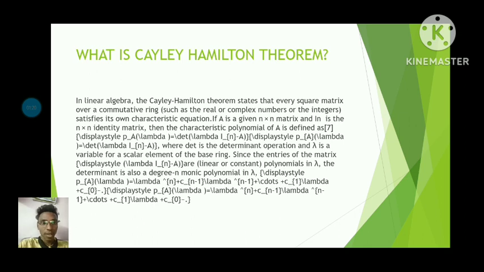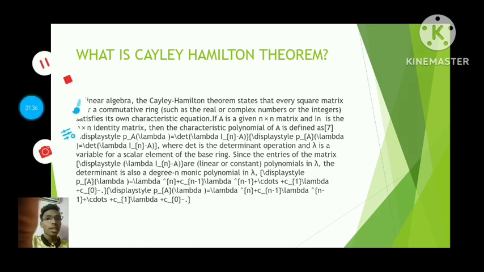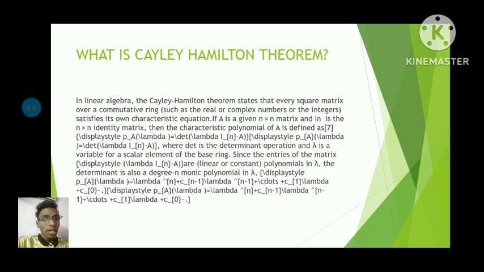Since the entries of the matrix lambda I_n - A are linear or constant polynomials in lambda, the determinant is also a degree n monic polynomial in lambda.